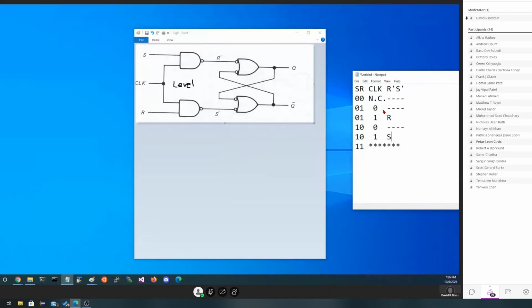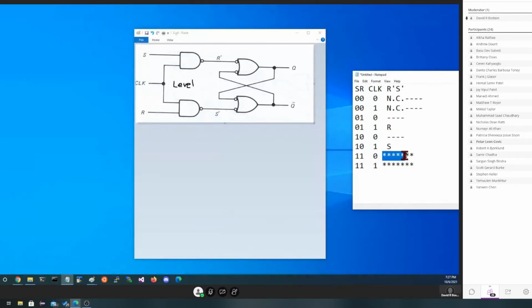So we've expanded the table. Of course, we still only have 8 lines in the table because this line is 0,0 with the clock being 0, as well as 0,0 with the clock being high. And down here, this one is disallowed when the clock is low or when the clock is high. Now, interestingly enough, when the clock is low, they can have the same value.